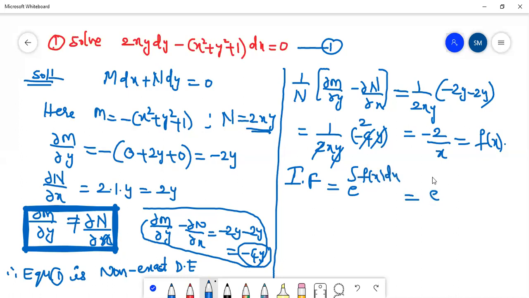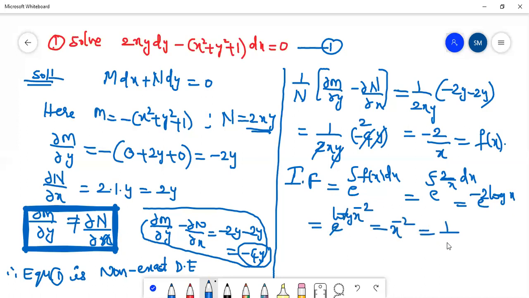It is equal to e power integral minus 2 by x dx. It is equal to e power minus 2 log x, equal to e power log x power minus 2. E and log cancel, x power minus 2. This is equal to 1 by x square. So here the integrating factor is equal to 1 by x square.